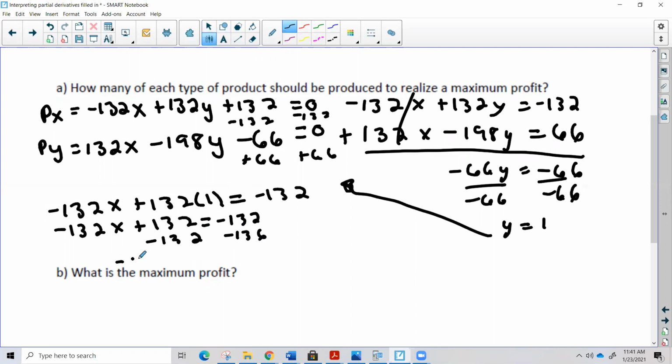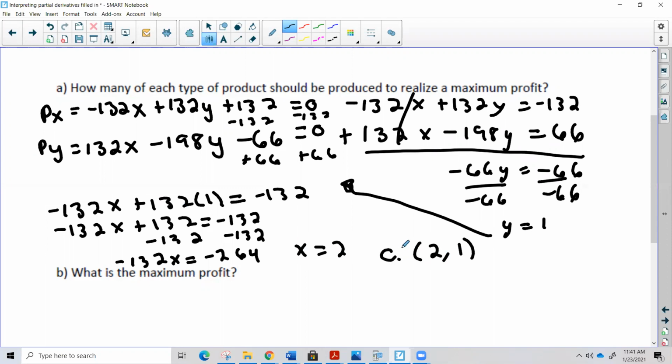So I get negative 132x equals negative 264. And then I'm going to take negative 264 and divide by negative 132, and I get x equals 2. So this is my critical point. It's the solution to this system of equations.